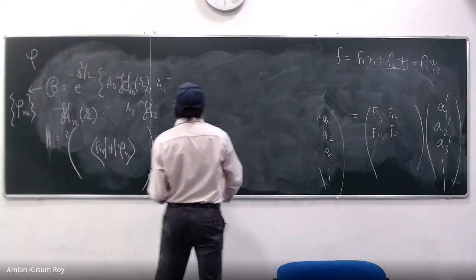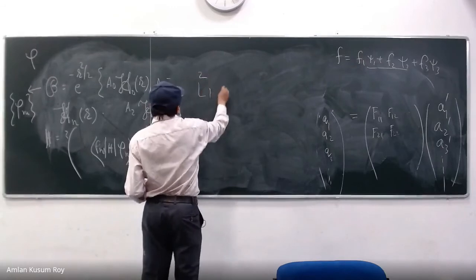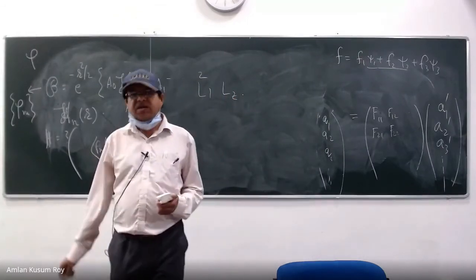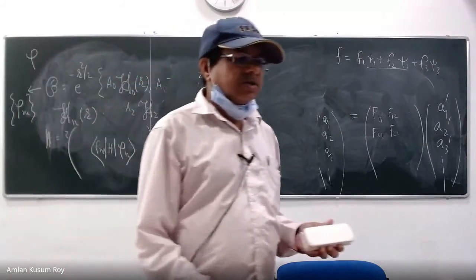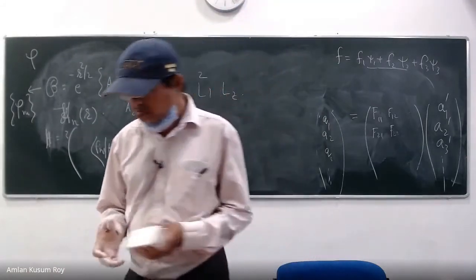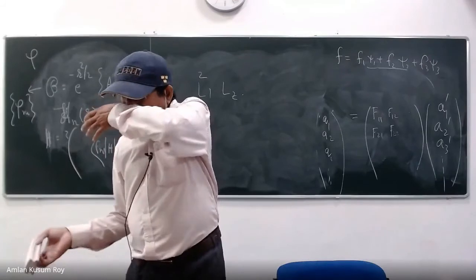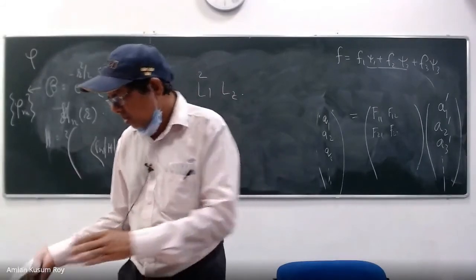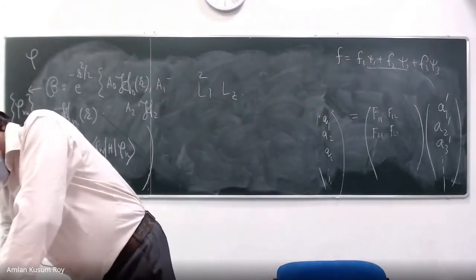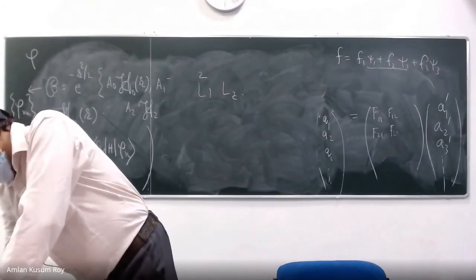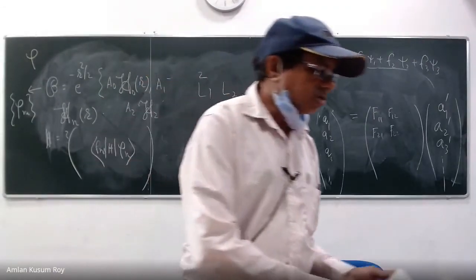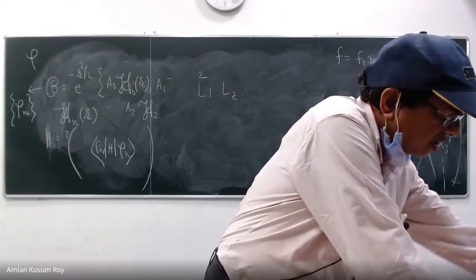In the next class, we'll work out the matrices for L square and Lz. After that, which is very basic stuff, we'll go to the important theorems in quantum mechanics, the variational problem and perturbation problem, which you need to solve realistic problems. So the variational theorem and perturbation theorem.